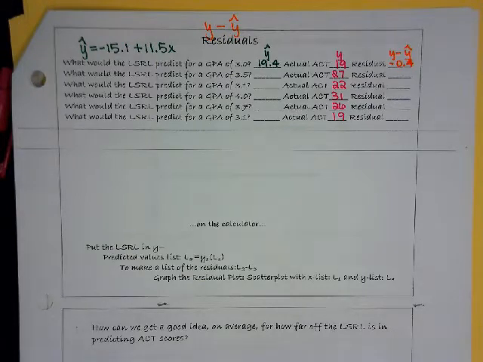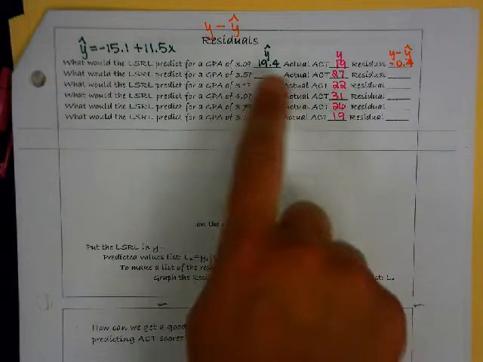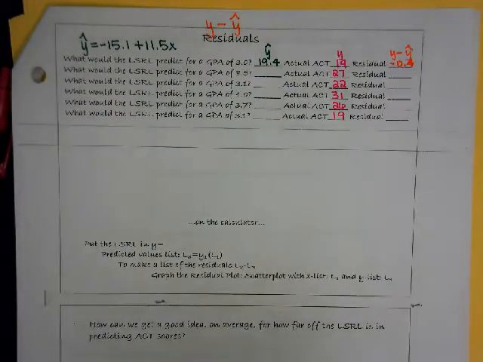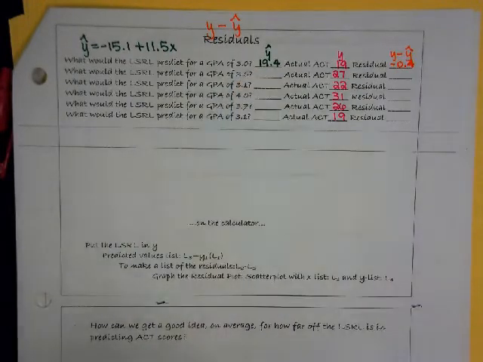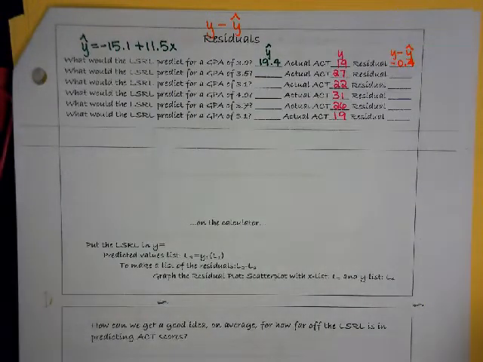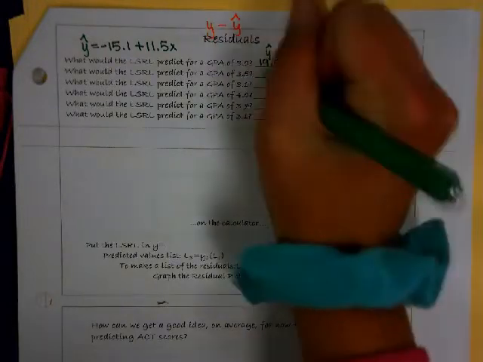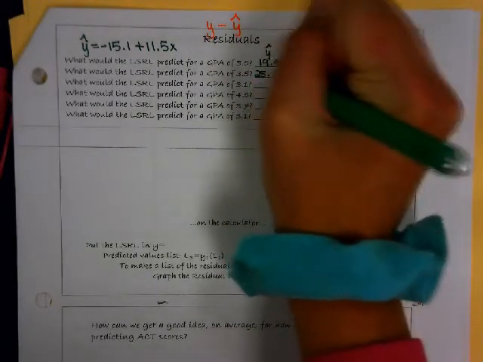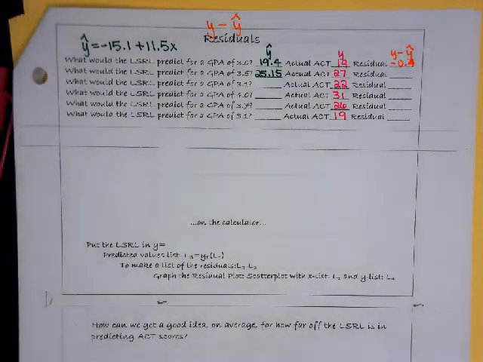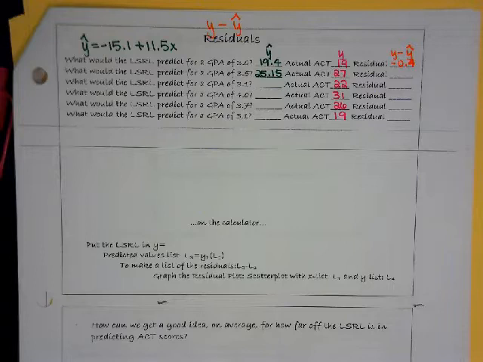Oh, I didn't round anything. When you put 3.5 in, you get 25.15. So I wouldn't round. I don't know if my answer is right. All right. Quiet down, please.